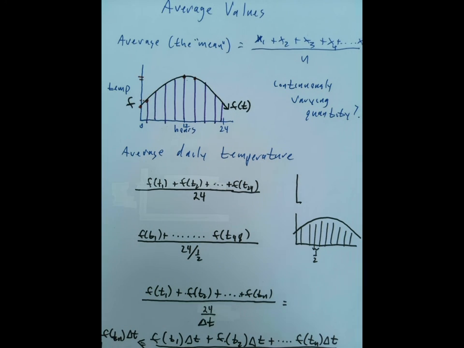Now, that would give us a value, obviously, but we think, well, what if we want to be even more precise? We could say, let's take our temperature every half hour.